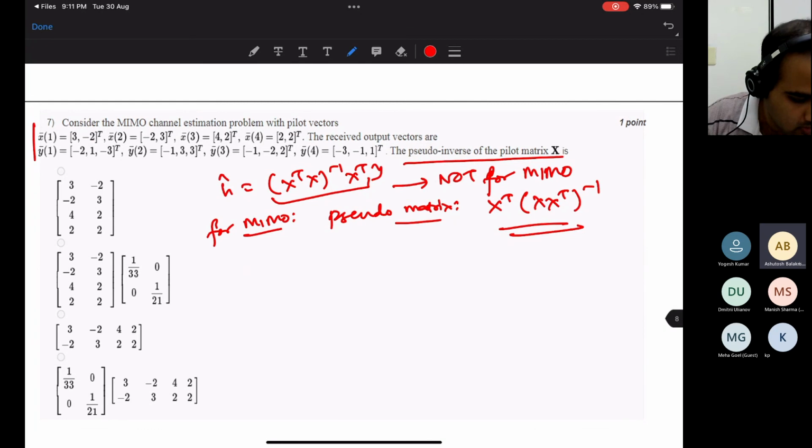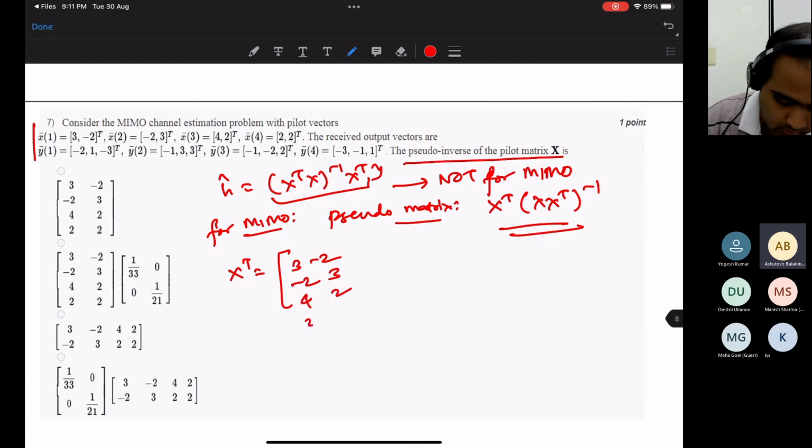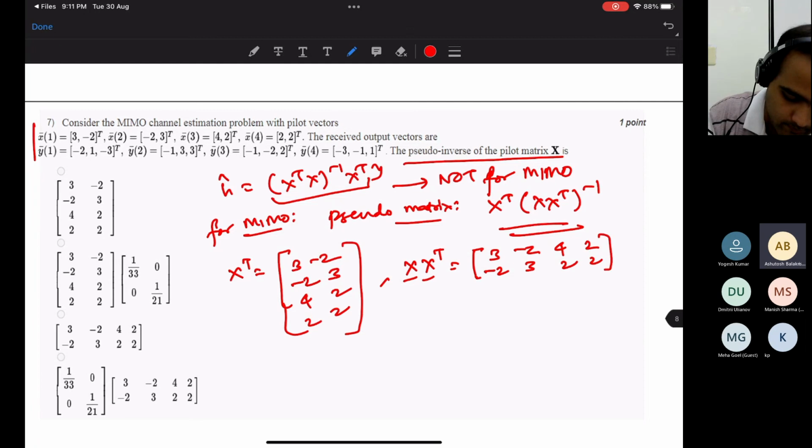So we need to compute this. Let's do that. X transpose is 3, minus 2, minus 2, 3, 4, 2, 2, 2. If we multiply X and X transpose, 3, minus 2, minus 2, 3, 4, 2, 2, 2 times 3, minus 2, minus 2, 3, 4, 2, 2, 2.